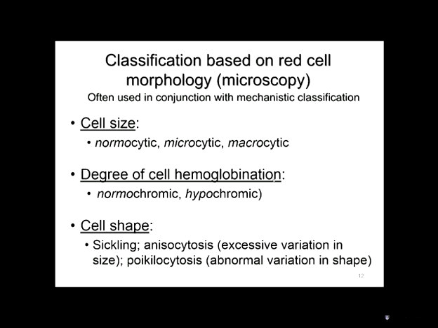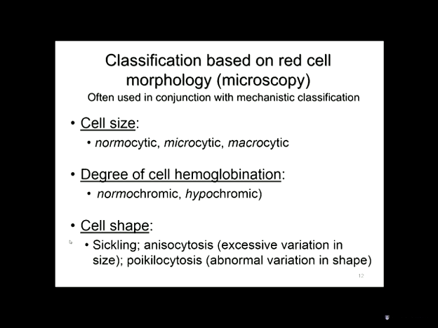Pale cells are considered hypochromic. Normal in color, they're going to be normochromic. And finally, at least in macrocytic anemias, it's not unusual sometimes to find hyperchromic cells. But for the most part, normochromic and hypochromic, less color, are the characteristics we most often find in anemias.